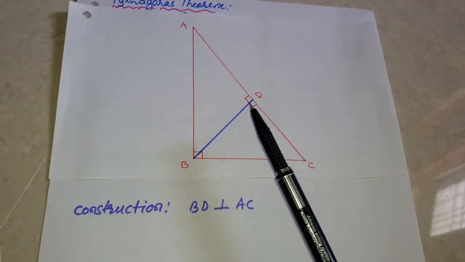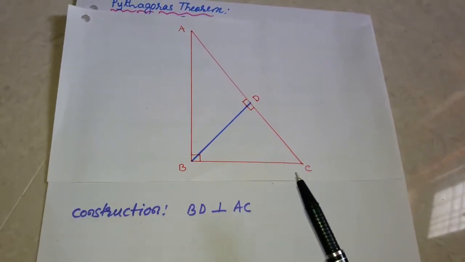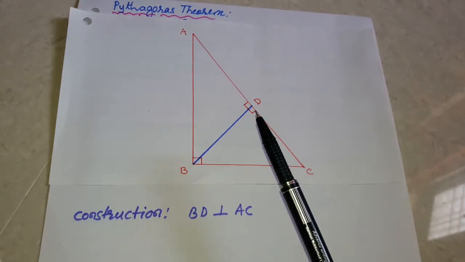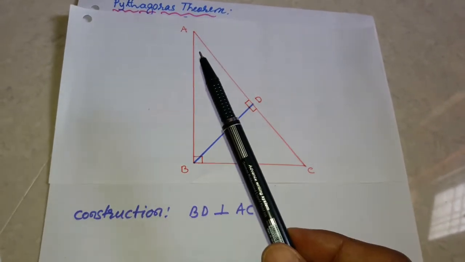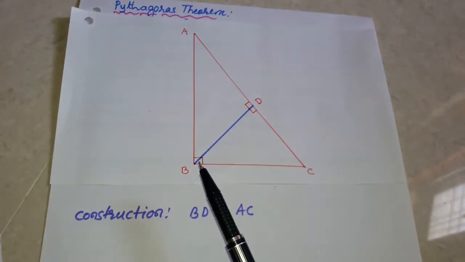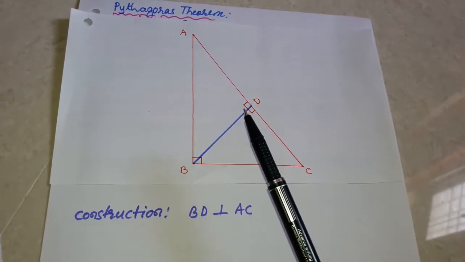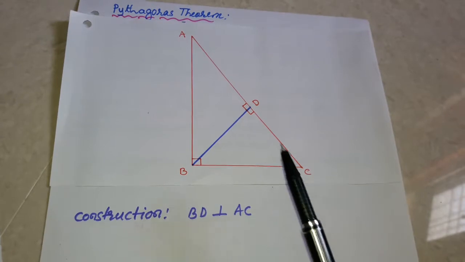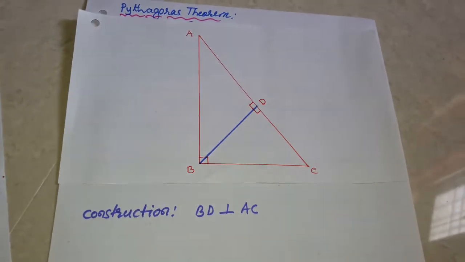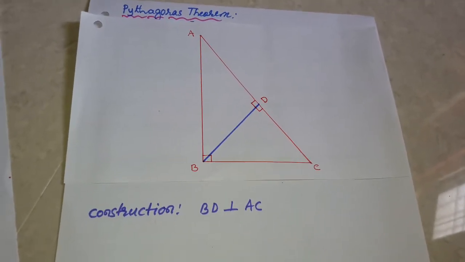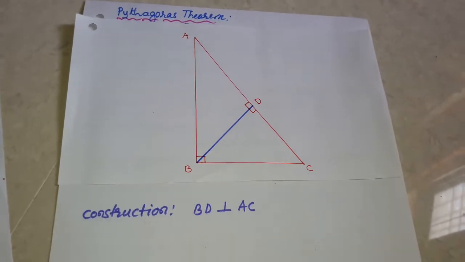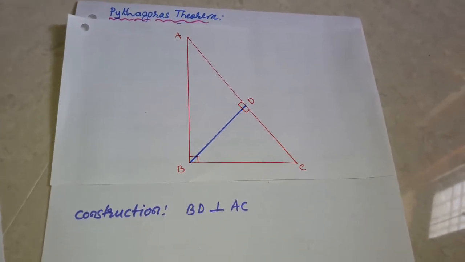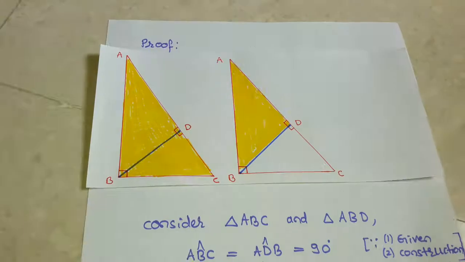By this we will have created a right angled triangle, here BDC, and another right angled triangle ABD. Here is the right angle and already we have our right angled triangle ABC. So in total three right angled triangles are here after the construction, BD perpendicular dropped on AC.